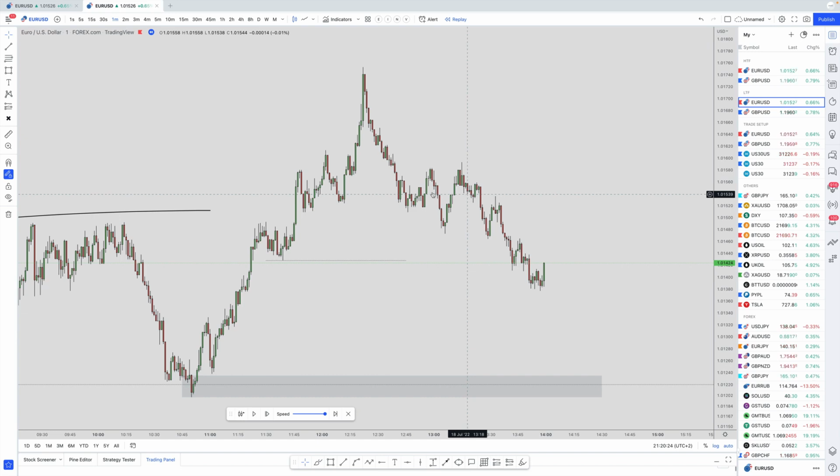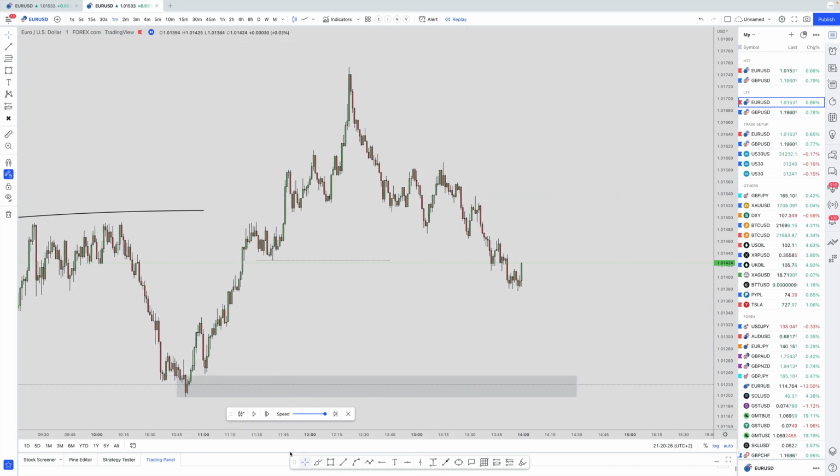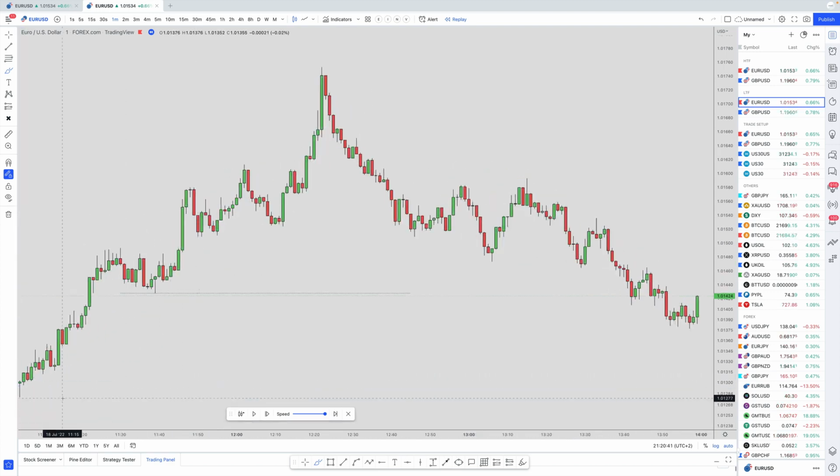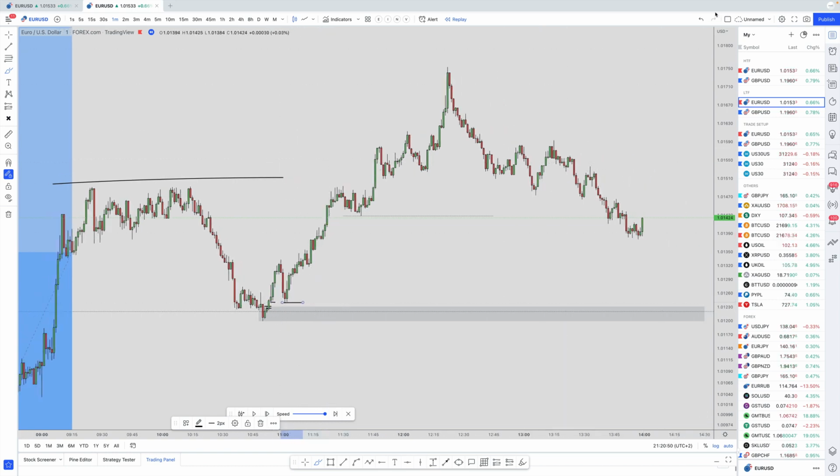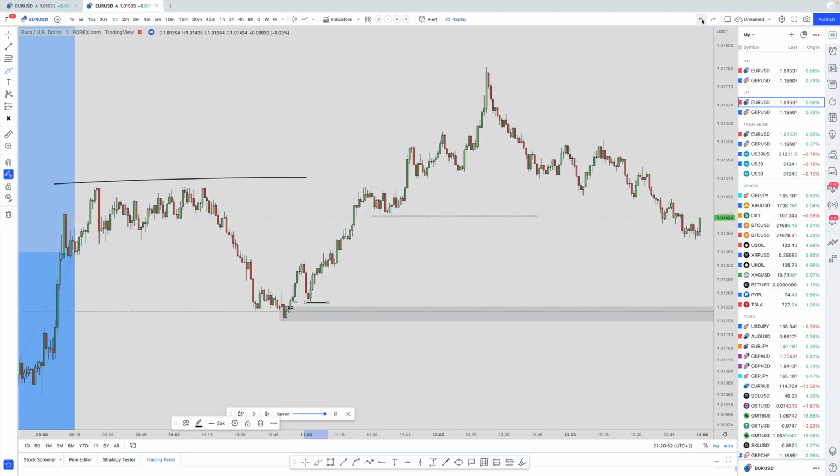Below liquidity, you go to the M1, look at the extreme, and what you see at the extreme is an aggressive push down, right? Aggressive take of liquidity, aggressive push down, and you can see imbalance. Okay, or like this. You have an imbalance here, which you want to see price getting filled.